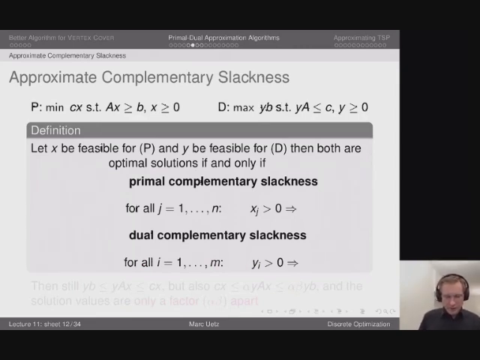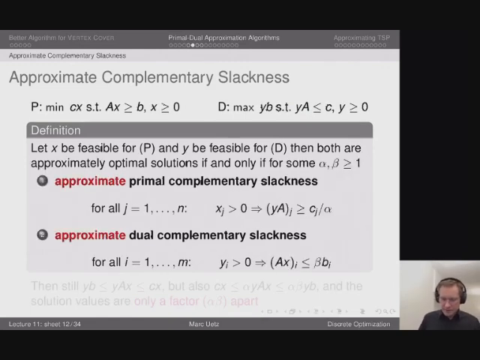Okay, so if I have feasible solutions for the primal and dual, x and y, then primal complementary slackness means whenever a primal variable is strictly larger than 0, then the corresponding dual constraint must be fulfilled with equality, right? Now we are allowing a strict inequality here, but not by too much.